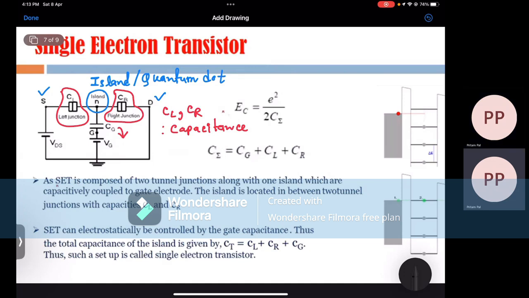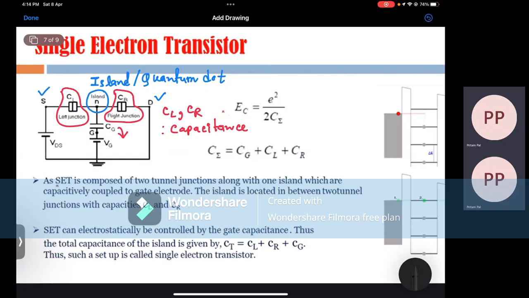So the single electron transistor is composed of two tunnel junctions along with one island which is capacitively coupled to the two electrodes, and to the gate electrode. This capacitance is shown here, and the gate voltage is shown here.